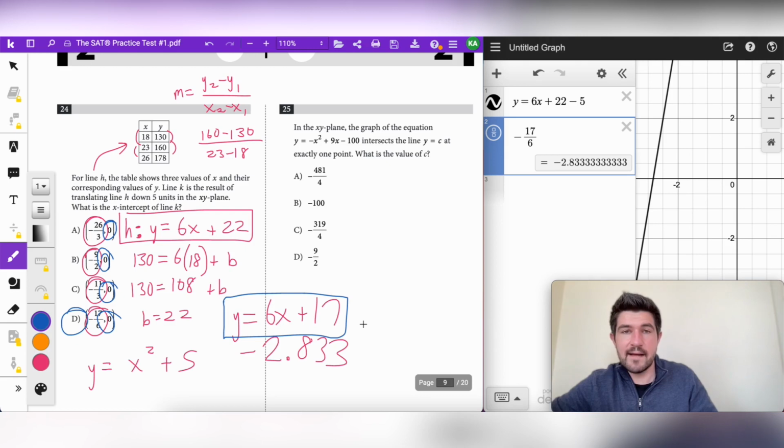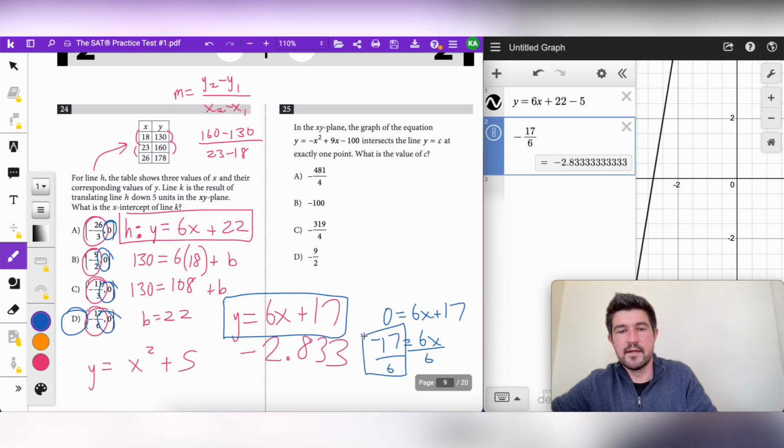So you can take the equation, plug in 0 for y, and solve for x and get the x-intercept. So if we do that here, we'll get 0 equals 6x plus 17. And if we move 17 over, negative 17 equals 6x. Divide by 6, and there's that number. x equals negative 17 over 6, and that would be the answer in D.